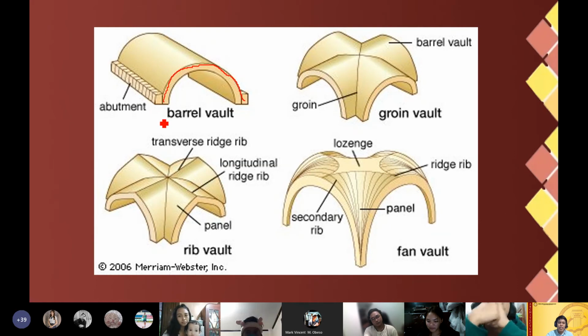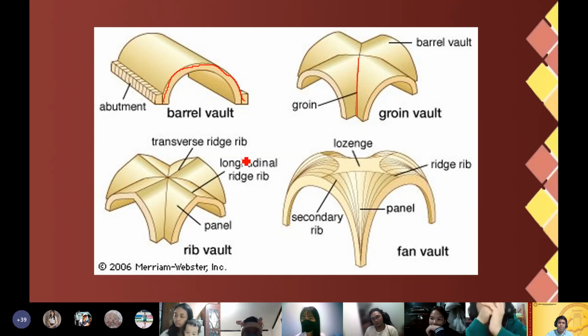And then if you create two barrel bolts that intersect, that intersection right there is what you call the groin. But still, this part is a barrel bolt. This one right here is the groin bolt. That's literally the groin. So I think we're very familiar with this term, the groin.